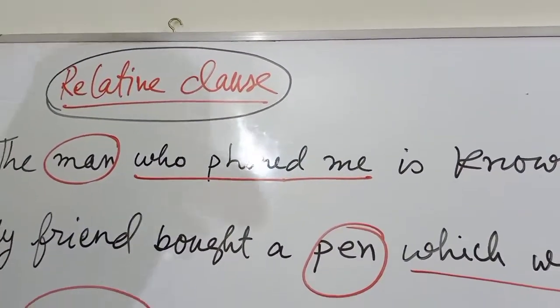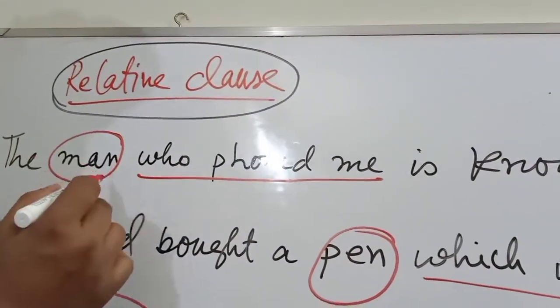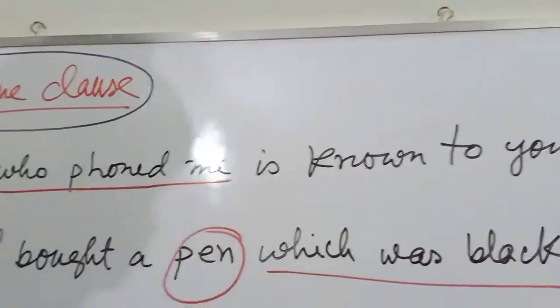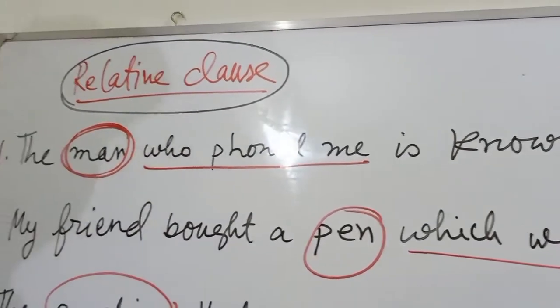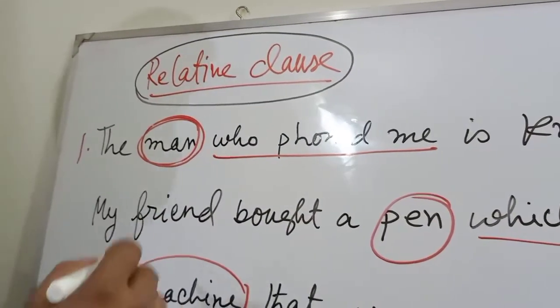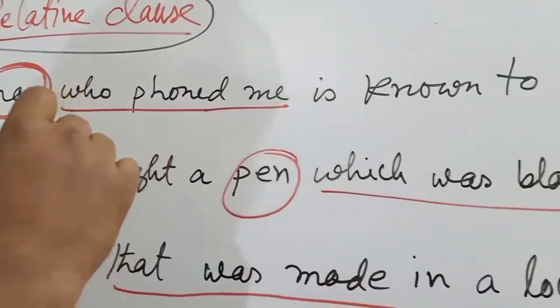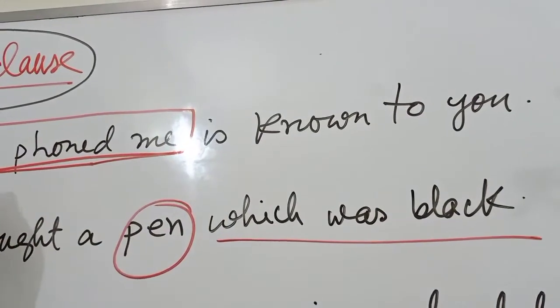Example number 1: The man who phoned me is known to you. Here, the man is the word to be modified. Who phoned me? Who phoned me is a relative clause.